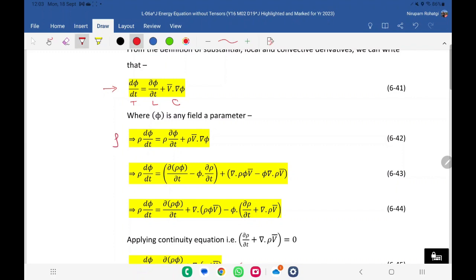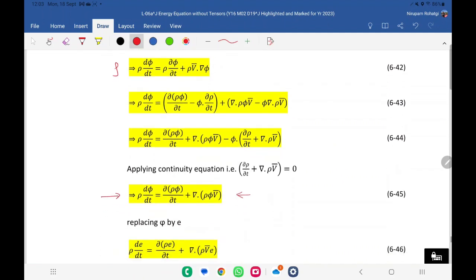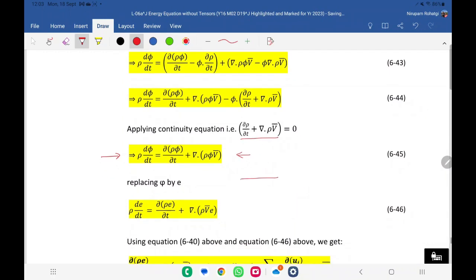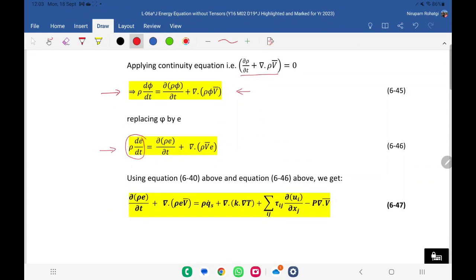Okay, multiplying by rho, and then this is your continuity equation. You make it equal to 0. Okay, so you get this. Now phi you can replace by E, you get this equation. So rho dE by dt can be changed into these two terms, and you get this equation.